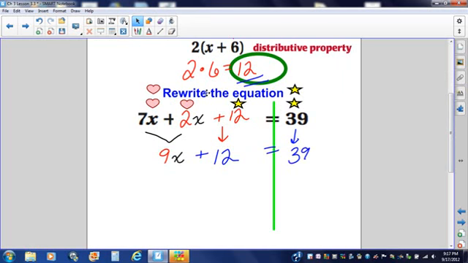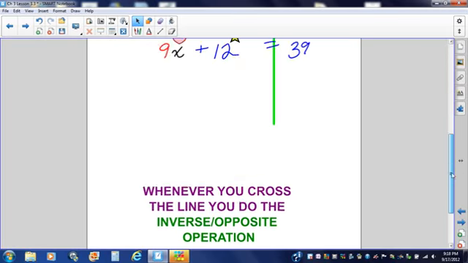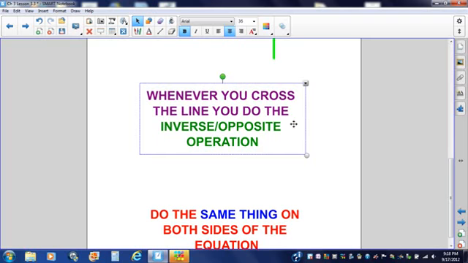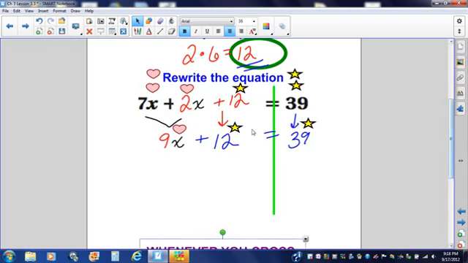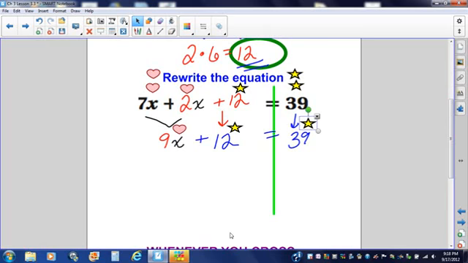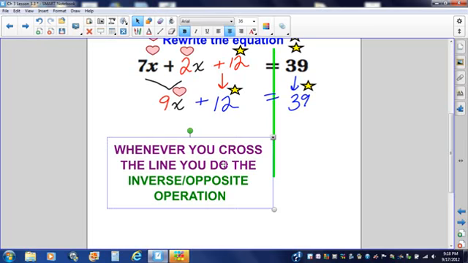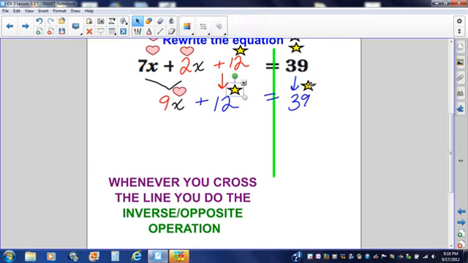Again, I am a visual person, so I will do my hearts and stars. Remember, whenever you cross the line, you do the inverse or opposite operation. So I'm going to put these stars together, but since they are on different sides of the line, I'm going to do the inverse of adding 12, which is to subtract 12.